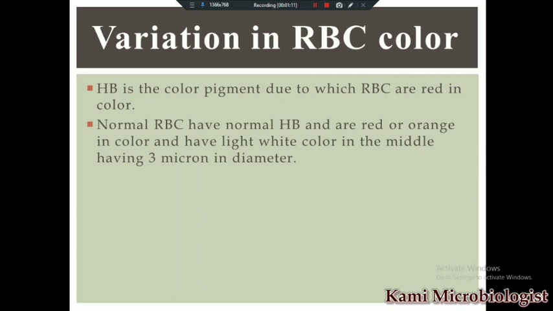Now the second point says to remember: when the normal RBC has normal hemoglobin and you see it in a microscopic field, it will look red or orange in color, and it has a light white area in the middle portion, which is about 3 micron in diameter.